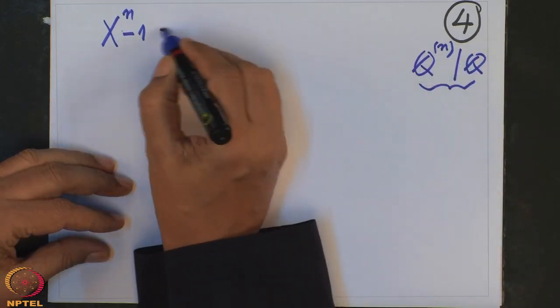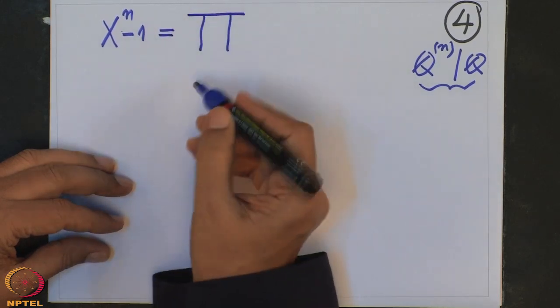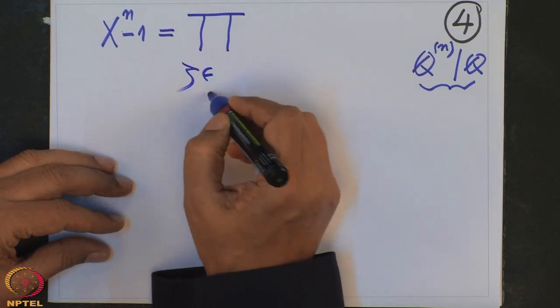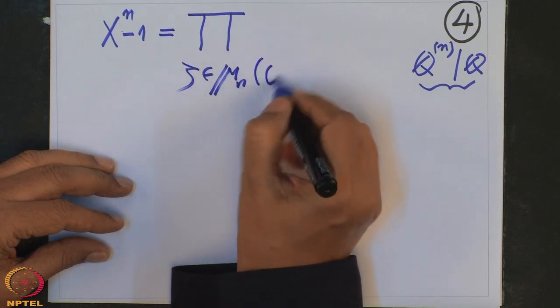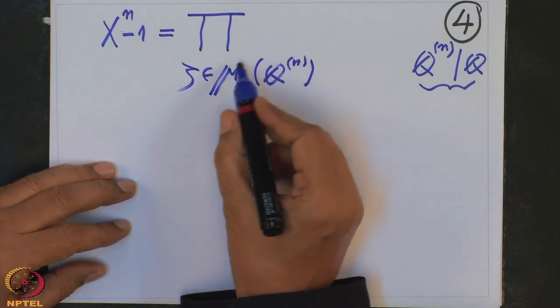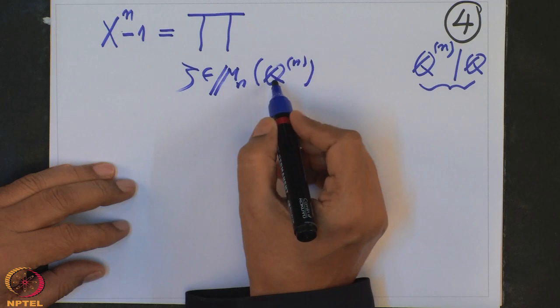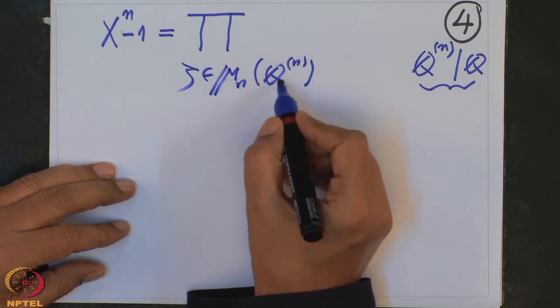Okay, so this one is therefore a product, running over zeta, where zeta is an element in mu_n(Q_n). By definition, this is all those elements in Q_n where the power n is 1, and all of them are here.